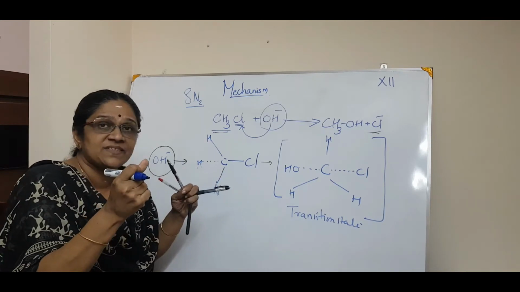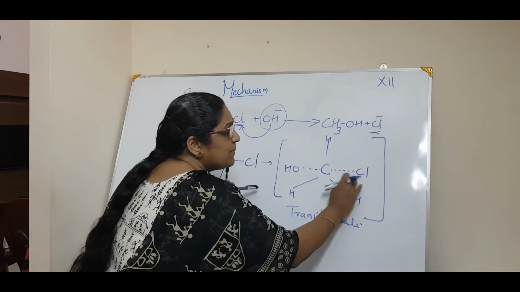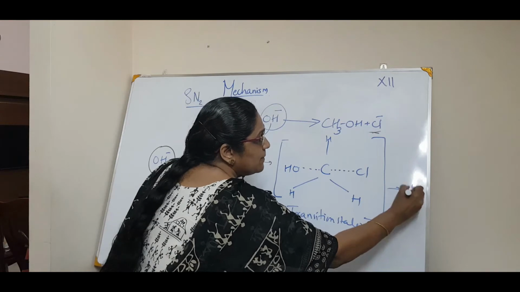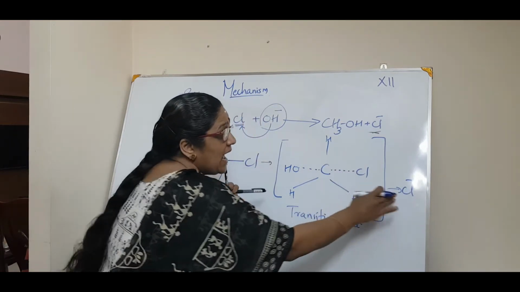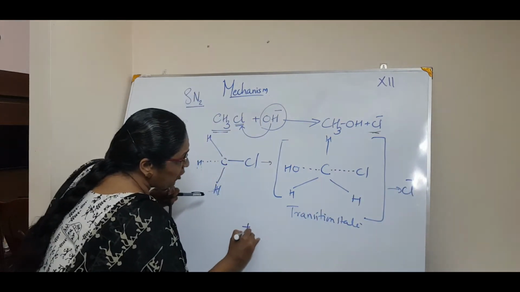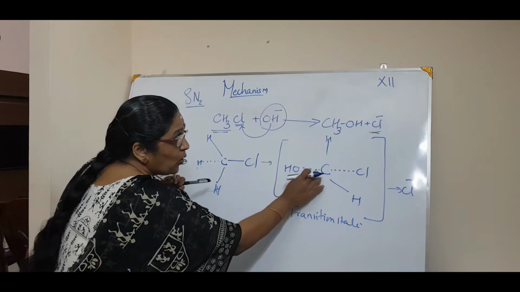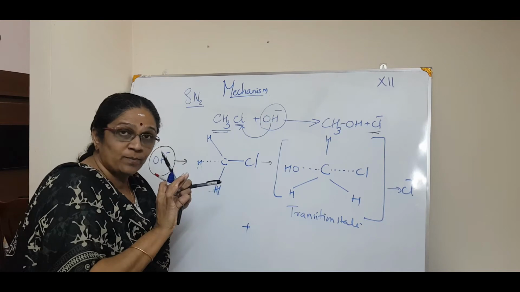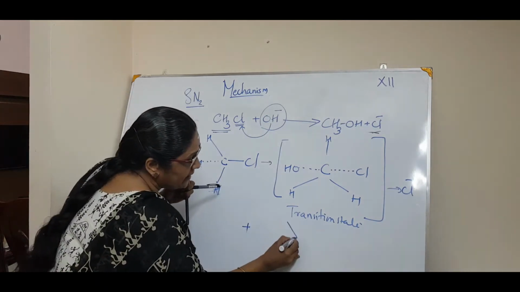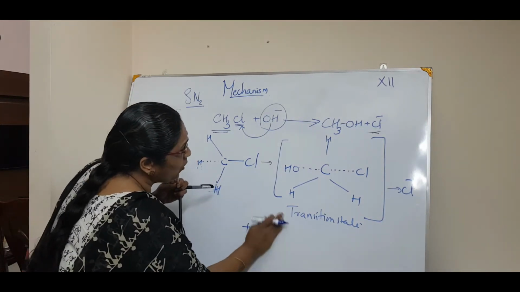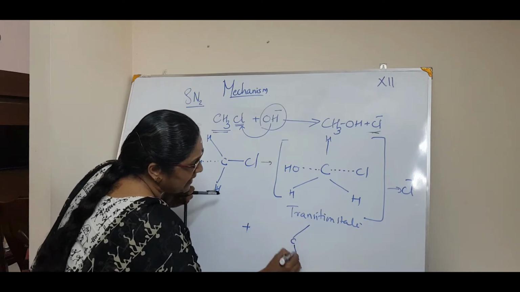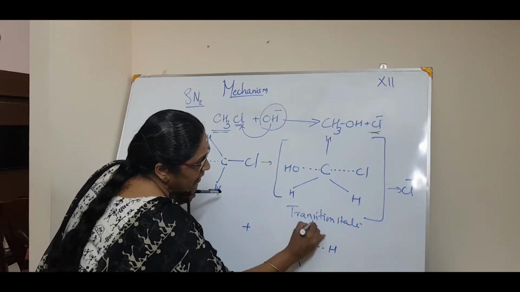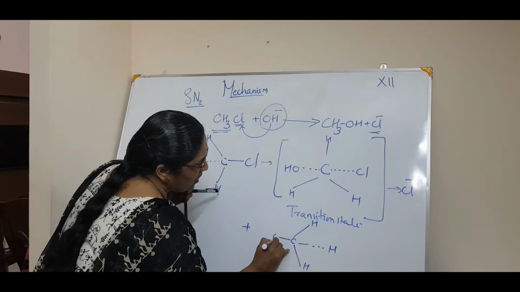Within a fraction of a second, the C-Cl bond will break and Cl will go as Cl minus. Then the OH bond will come and form. So the carbon has H, H and H, and this is the OH bond.